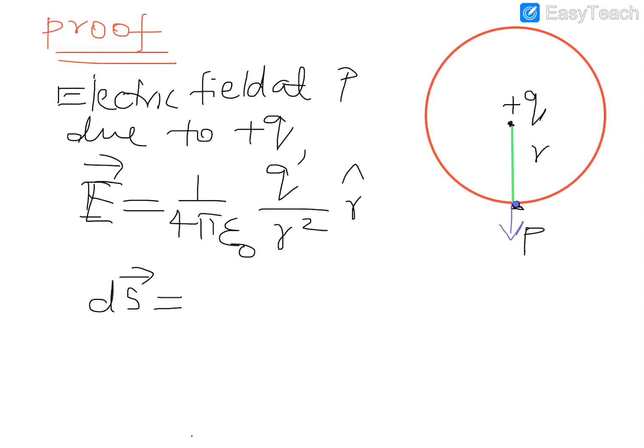It will make 90 degrees, so it is an area vector. This point is P, and this is an area vector. The area vector ds vector has magnitude ds, and it is in the same direction as r cap.